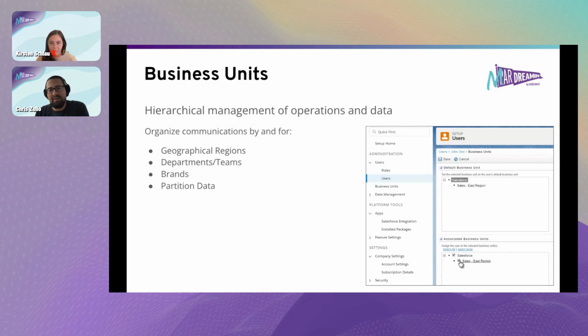Thanks, Kirsten. As we build off of what Kirsten's already covered on roles and permissions, and how we manage and control access to various pieces of Marketing Cloud, one of the main ways we structure and organize our accounts is through business units.